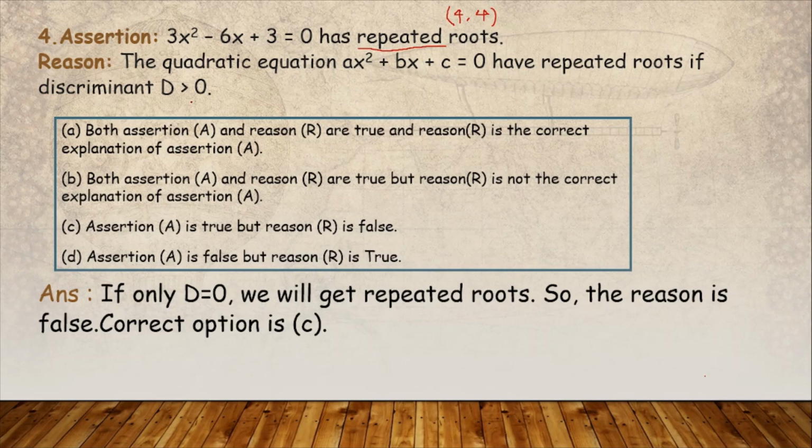This is the reason. Now we check the property. Only when D is equal to 0, we will get equal roots. Repeated root is nothing but equal root. So the reason itself is wrong. Once the reason is wrong, no need to check the assertion. Just go and opt for option C. It's enough.